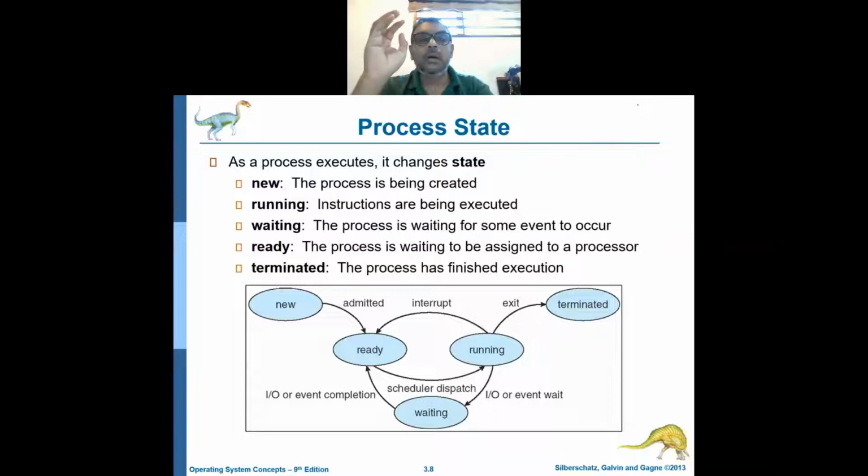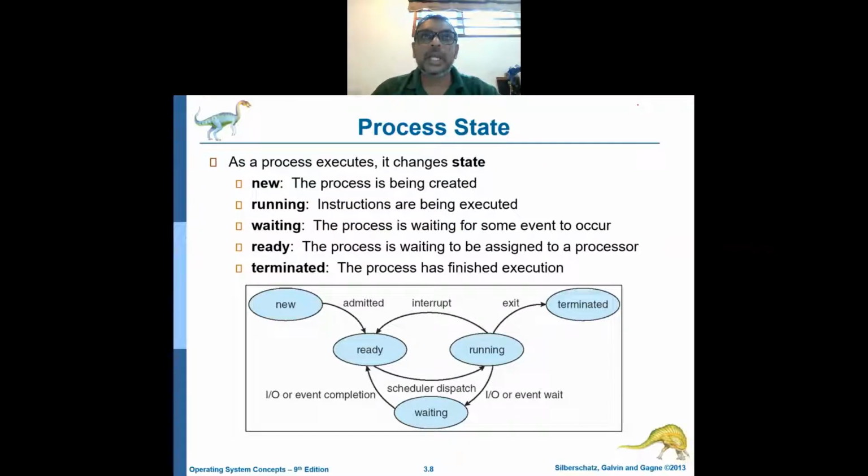Okay, once you double click, the program from the hard disk is now being transferred into the ready state. Where is the ready state? Remember, the ready state is inside the memory. Note this down, this is not in the notes.